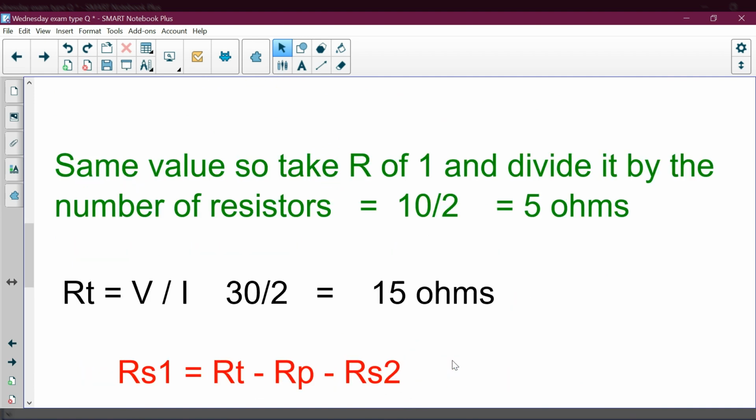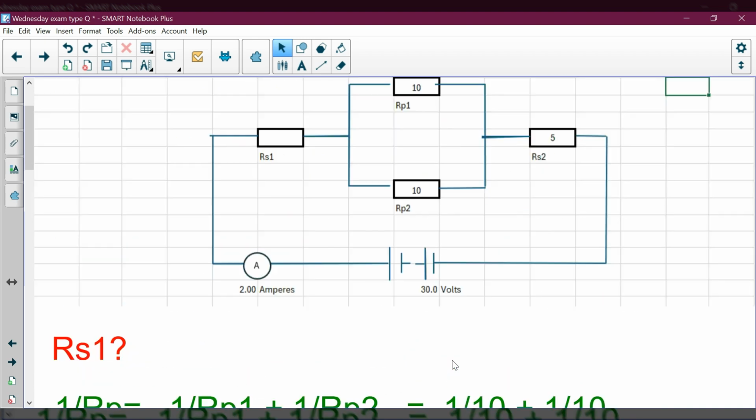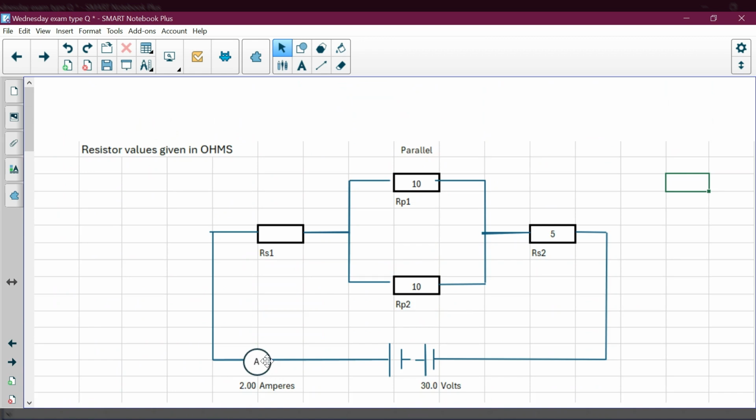Other ways in which we could have done it? Well, if we know that here we have 2 amperes coming in, we could have looked at this 2 amperes and said, using Kirchhoff's current law, if these resistors are the same, then there has to be an equal amount of current traveling through each one of these resistors. So I could have identified that it's 1 ampere flowing through RP1 and 1 ampere flowing through RP2.